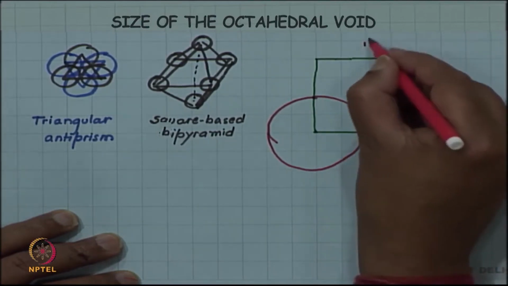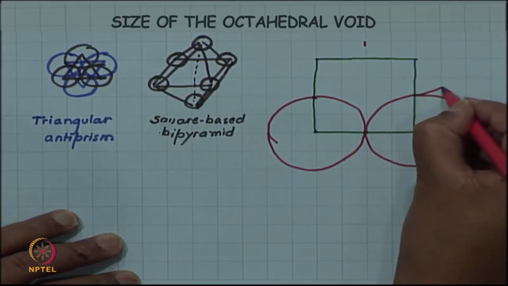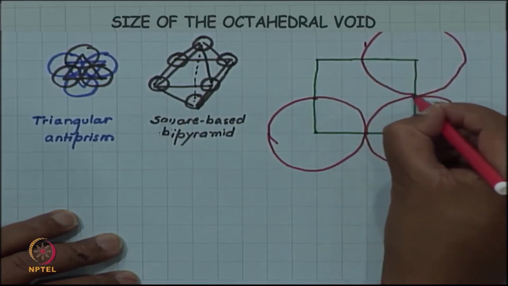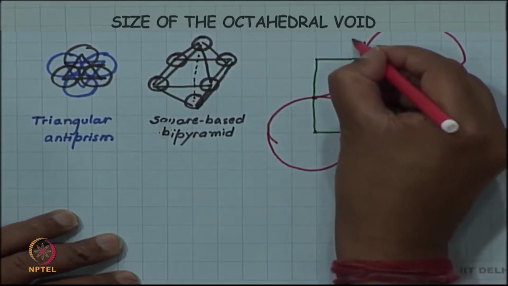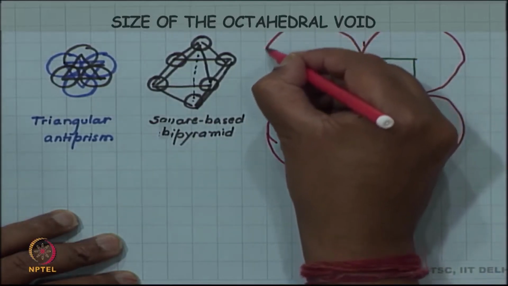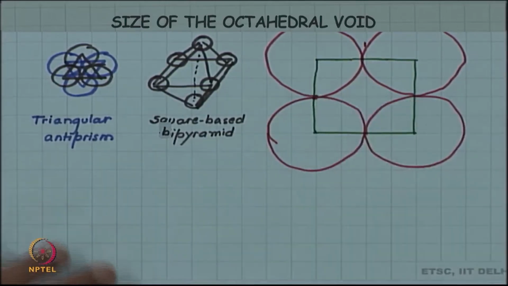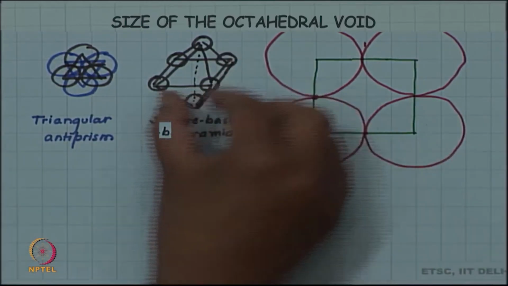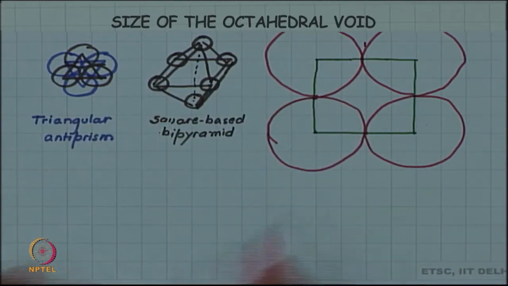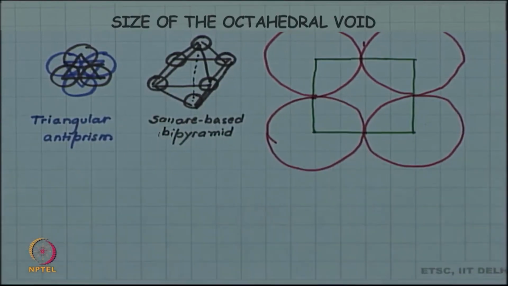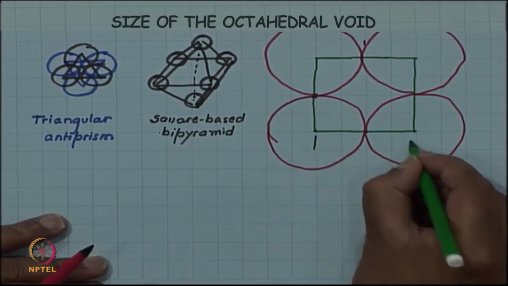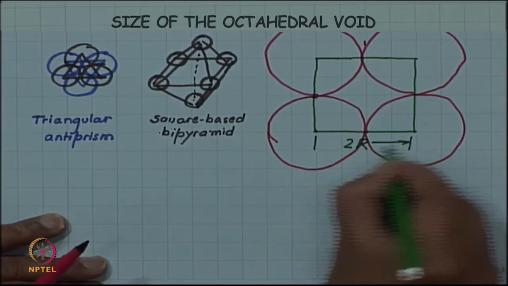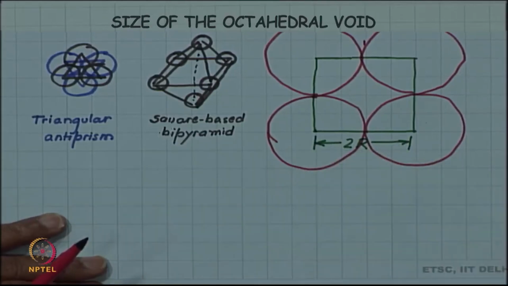I am trying to draw. These are the 4 spheres which are sitting on the corners of that square. I have shown them actually touching. Here I had not shown them touching for clarity, but actually they are touching. So, you can see that the side length of this square now, just like the edge length of the tetrahedron was 2 r, the edge length of octahedron also is 2 r.